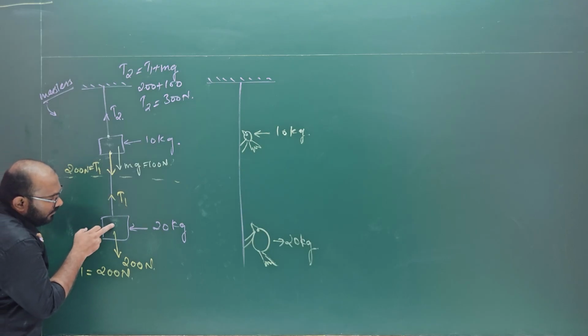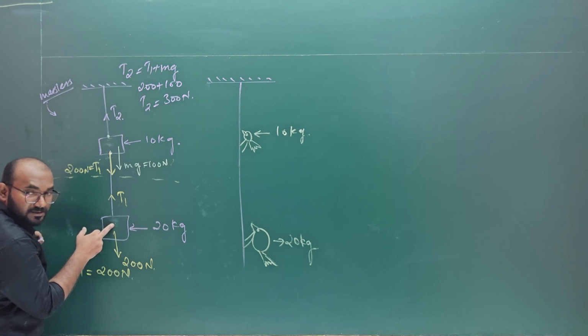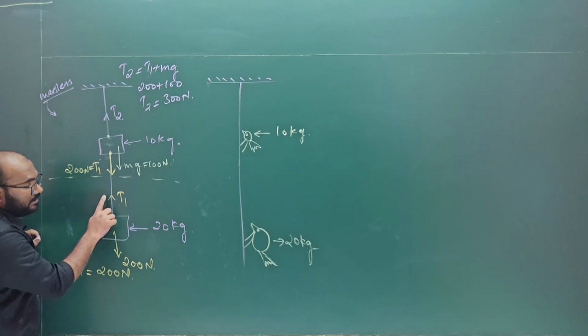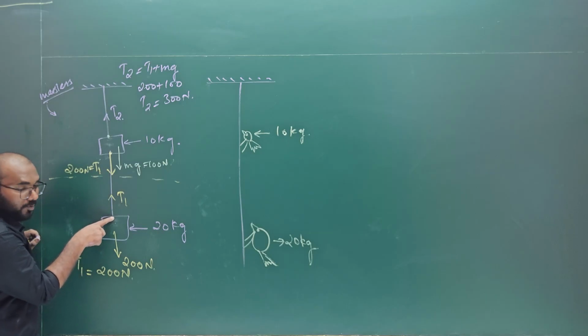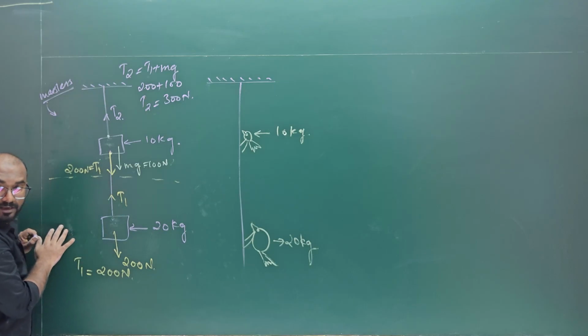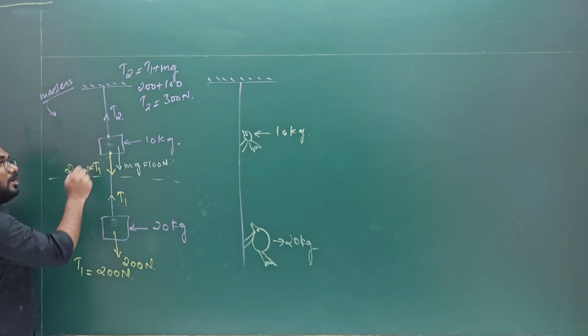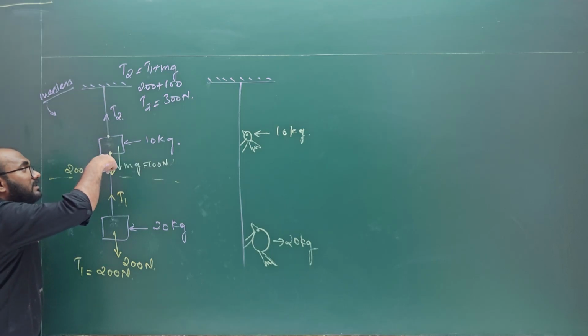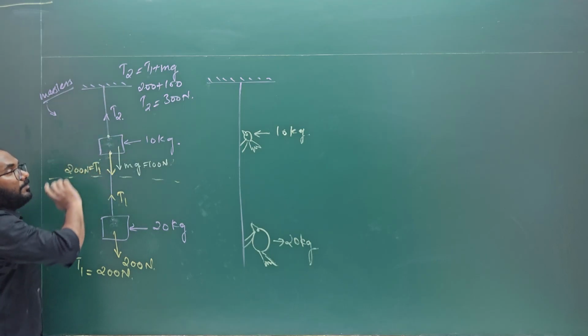So over here 20 kg is the body. Definitely we know that mg is acting in the downward direction and tension is acting upward. Why? Because there is only one point of contact, away from this point, in the upward direction. When we are sitting on this block, we found there are two points of contact of the string: one going in the downward direction, the other going in the upward direction.